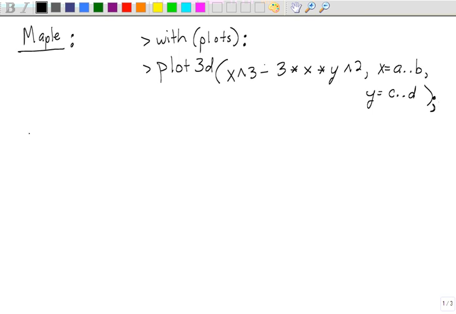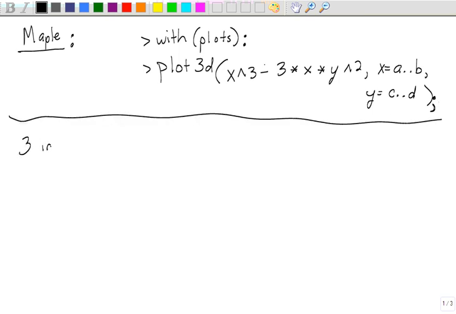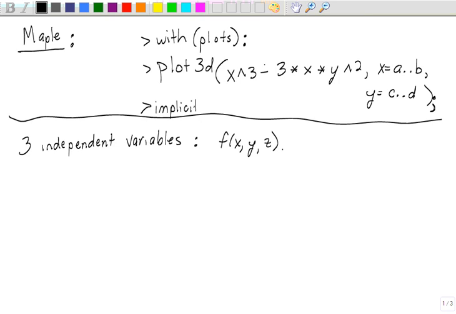And you can also do this with three independent variables. And that would just look like f of (x, y, z). So you could talk about a function with as many variables as you want. Now, also in Maple, another command you can use is implicitplot3d.